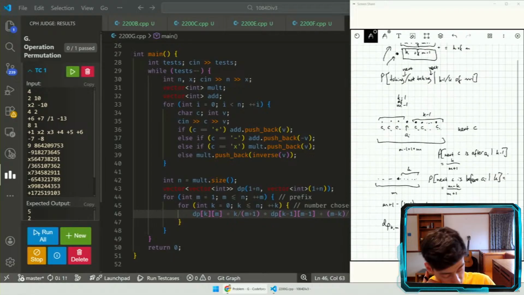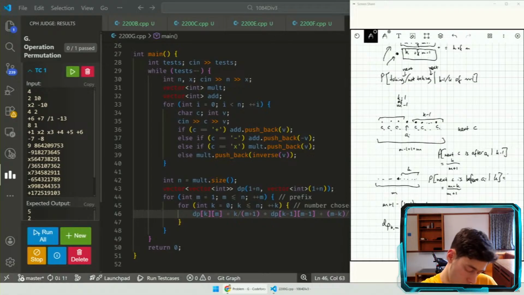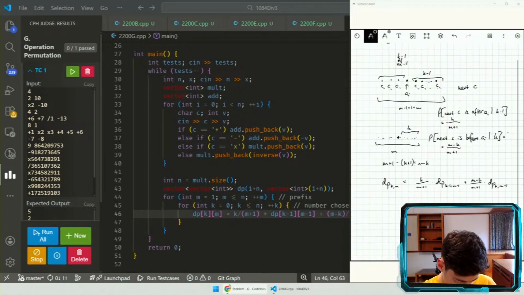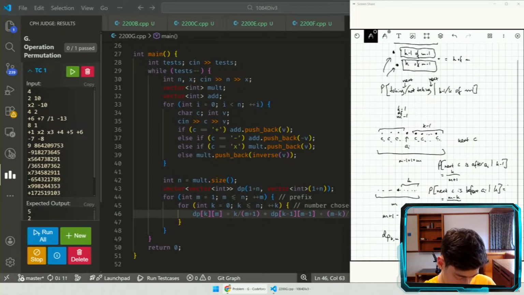So if I chose k values in the first m values, what their expected product would be, right? And I'm doing that case-wise, so this is the case where this value is included, and this is the case where this value is not included.